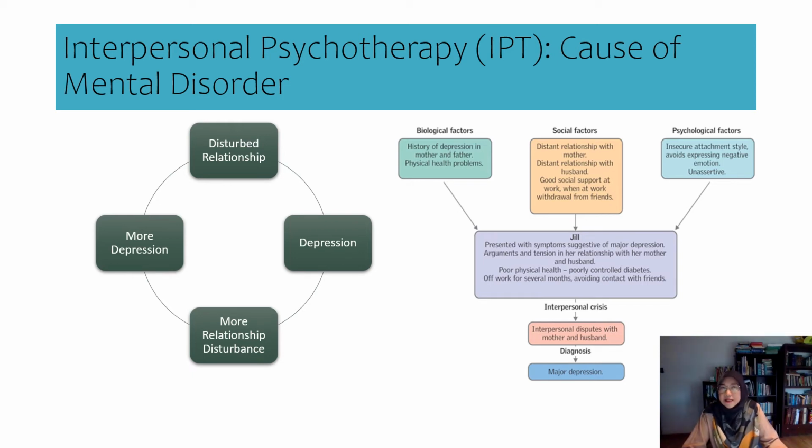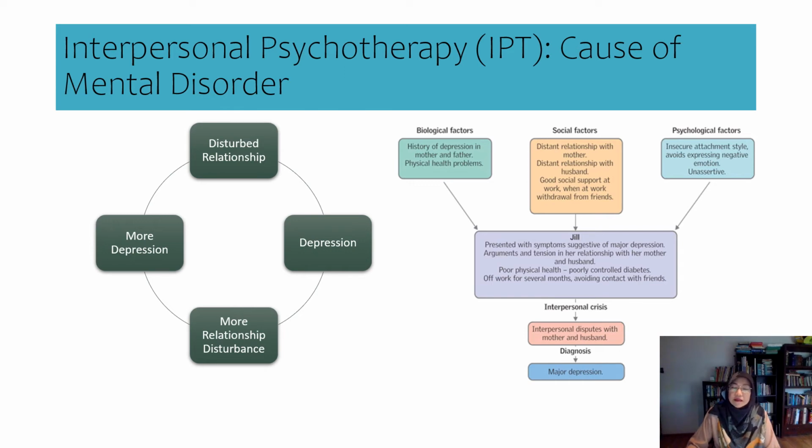And the psychological factors are something within the patients themselves. Insecure attachment style, we talk about it when you take introduction to psychology. Avoidant expression, when you are the kind of person who likes to avoid expressing negative emotions, or you are the type of person who is very assertive, it can cause depression.